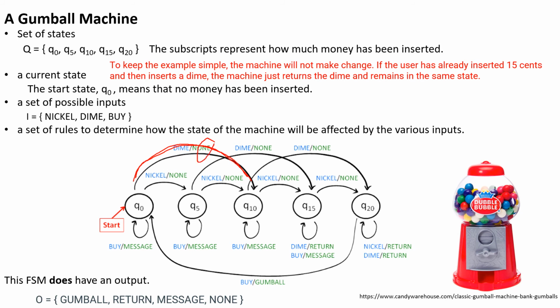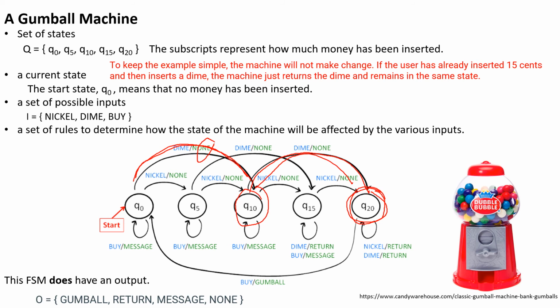Nothing would happen yet. It's waiting for more money. If I put in another dime, I get over to here, and I didn't show this, but the first time we put in a dime, we got to Q10. Second time we put in a dime, we're at Q20. Again, no output yet until we try to turn the dial or do that buy action, whatever it is.